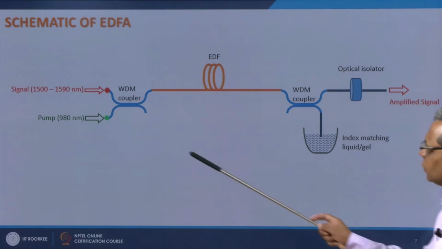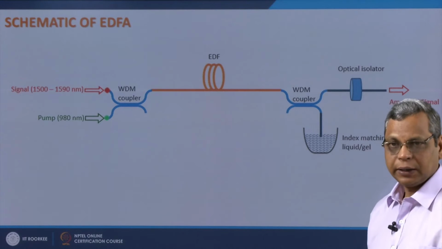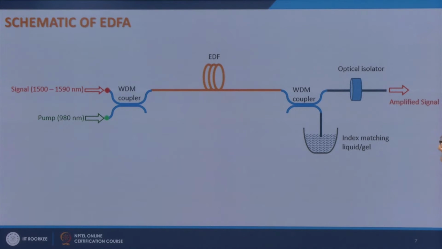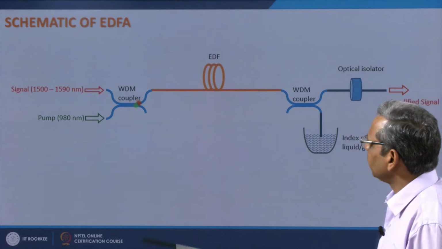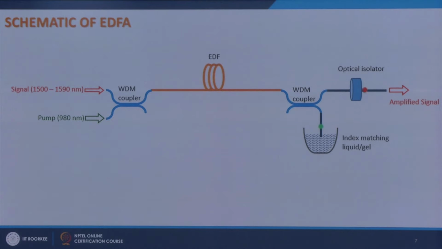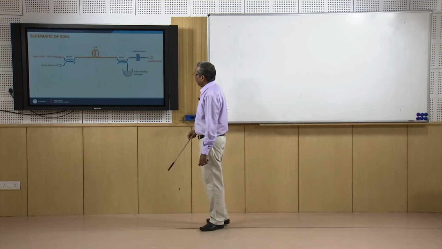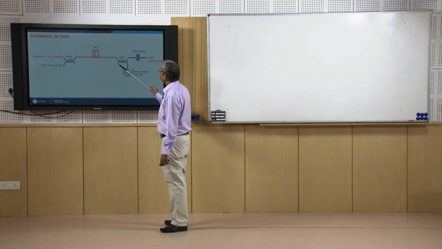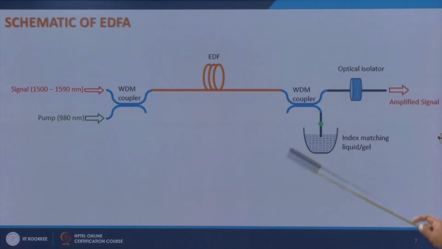For that you use a WDM coupler, which we already talked about. With the help of this WDM coupler, you send both the wavelengths into this erbium doped fiber, where the signal gets amplified, and after amplification you decouple the pump and your signal goes through. This is the amplified signal. In order to avoid any back reflection into the system, you can use an optical isolator.